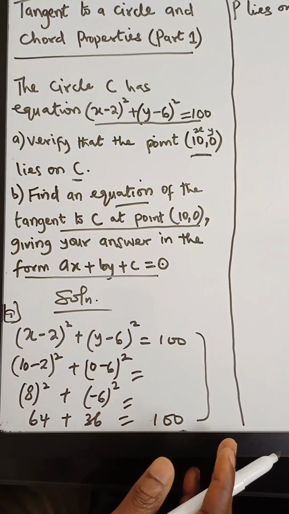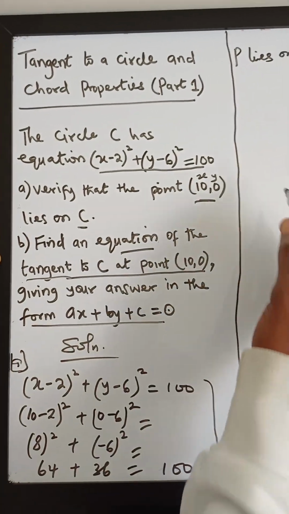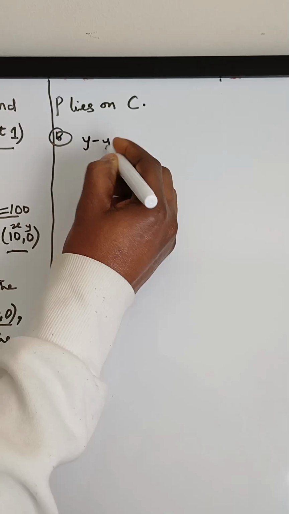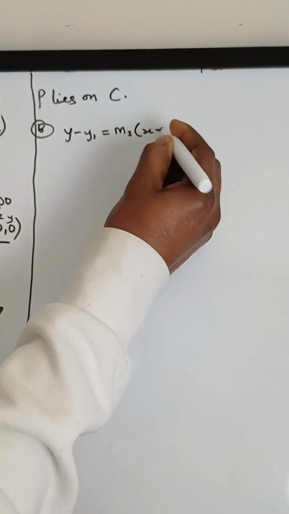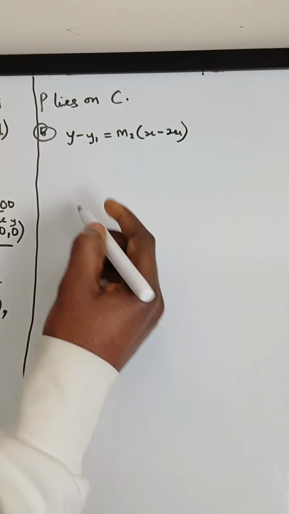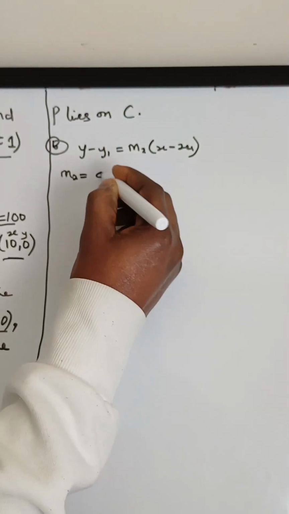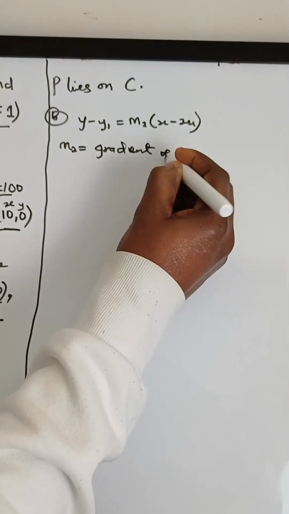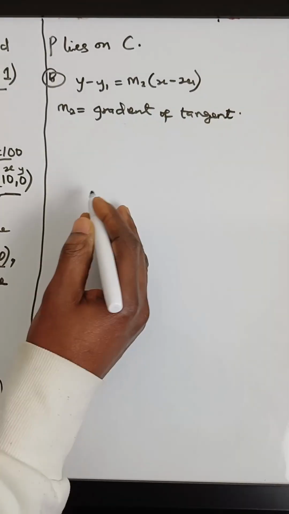And the B part, we have to find the equation of the tangent. Now the formula for finding the equation of the tangent is y minus y1 equals m2 times (x minus x1). Now m2 is the gradient of the tangent.